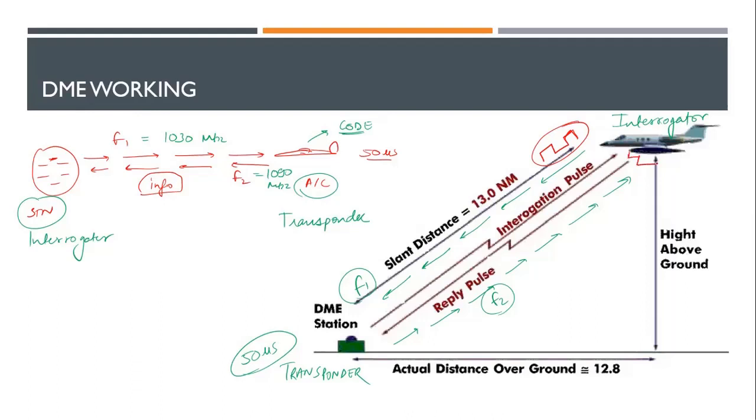If the same order returns to the aircraft from the station, I repeat, if the same unique order of the pulses returns from the station to the aircraft, it will accept it, and the communication will be established. If the pulse order is different from what it had sent, it will not accept it. And that is how the system becomes unique, and that is how every aircraft individually will have its own.